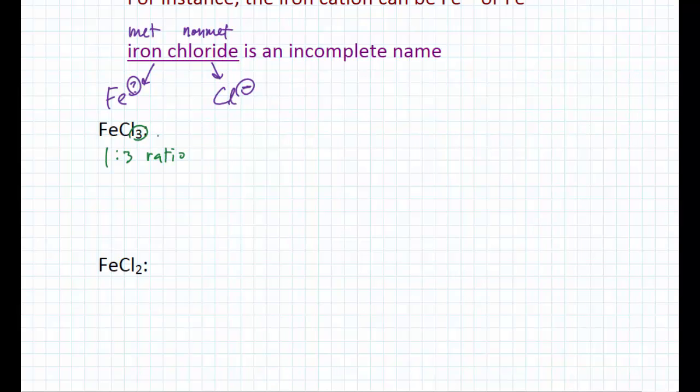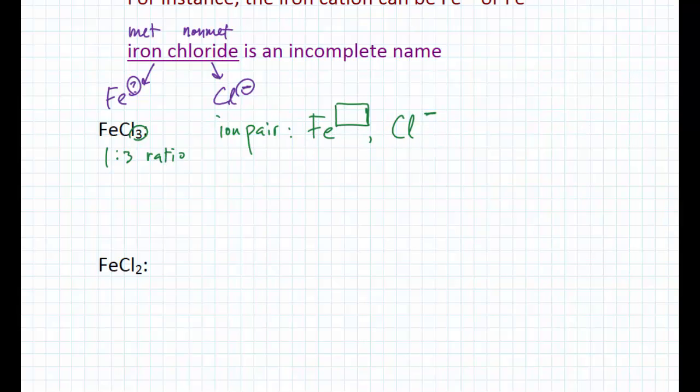So its ion pair, Fe, and we don't know what its charge is right away, so let's make a little box there because we'll come back to that. We do know that chlorine is minus, but given this ratio, given that I'm going to have 1 of these and 3 of these, what charge would this iron have to have in order for the compound to be neutral?